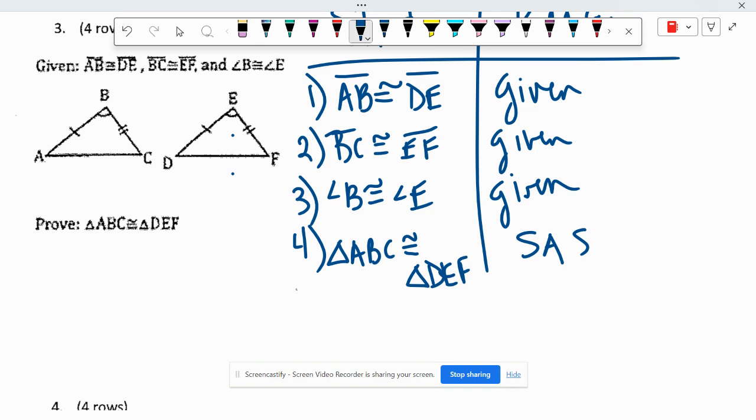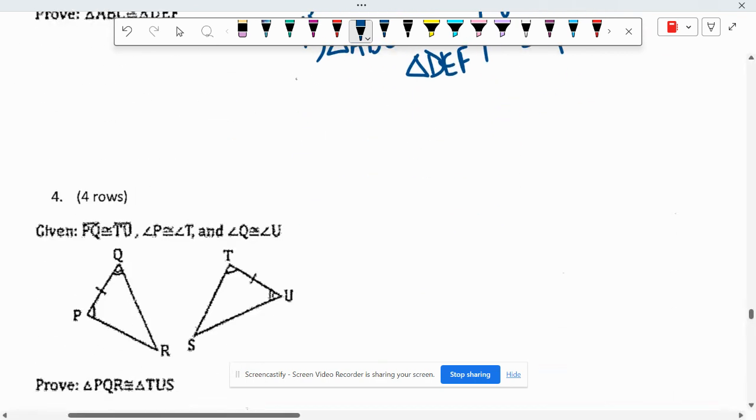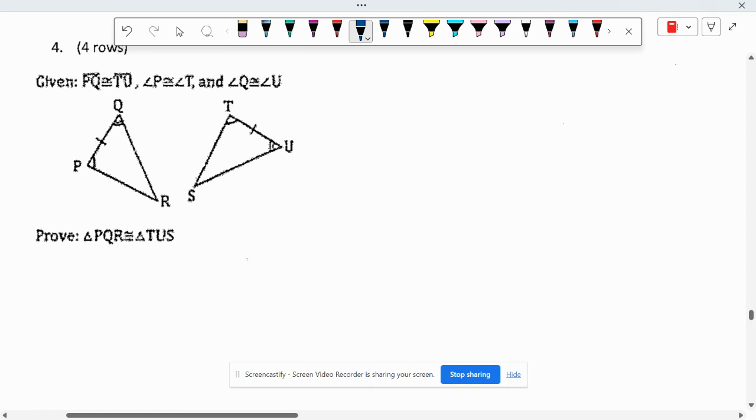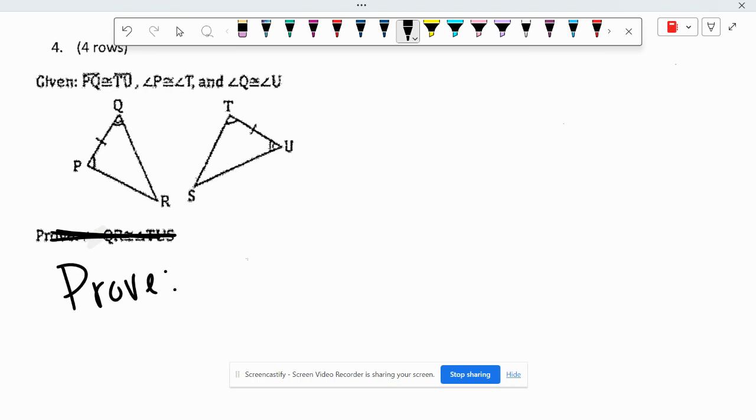Instead, we're going to prove that segment PR is congruent to segment TS.